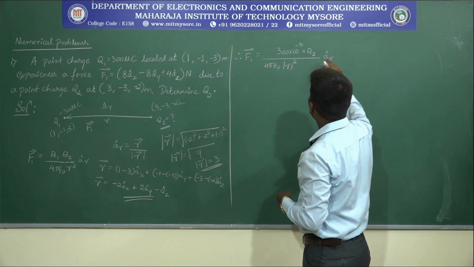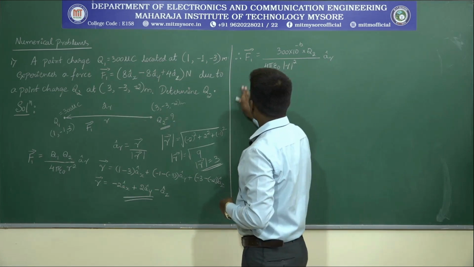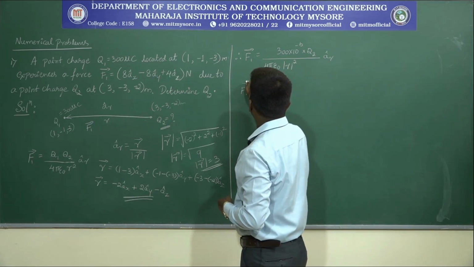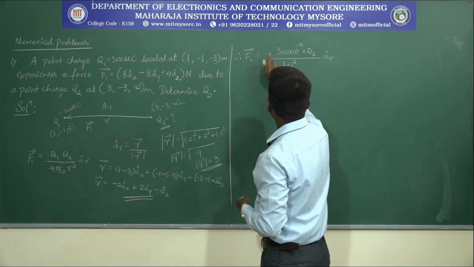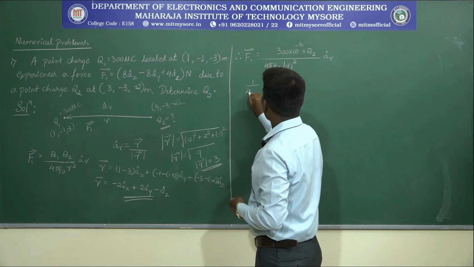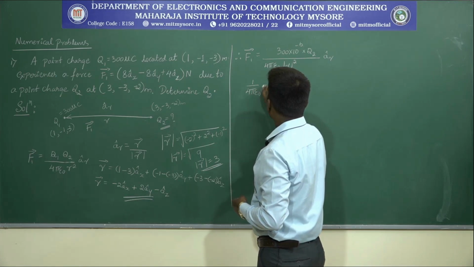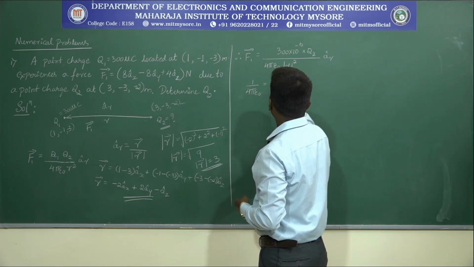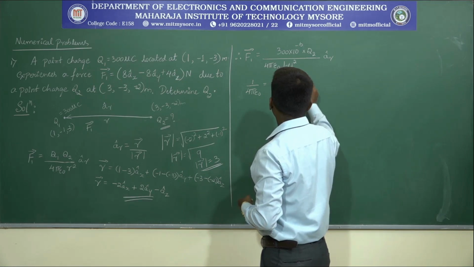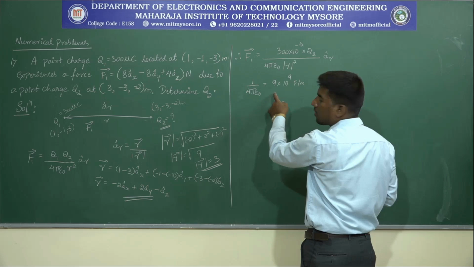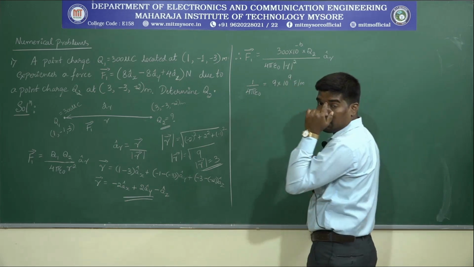What is a cap R? So, a cap R can be substituted further. Also we know that 1 by 4 pi epsilon naught can be approximated to 9 into 10 power 9 farad per meter. Okay, 1 by 4 pi epsilon naught can be replaced by 9 into 10 power 9.